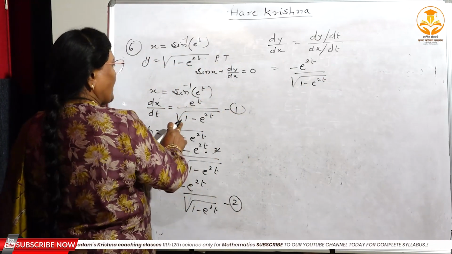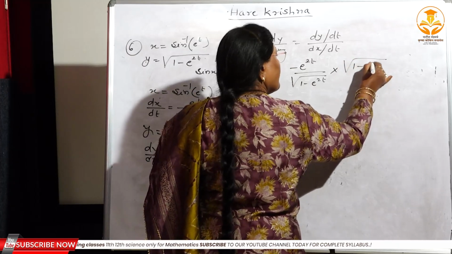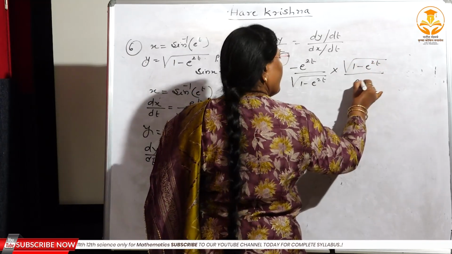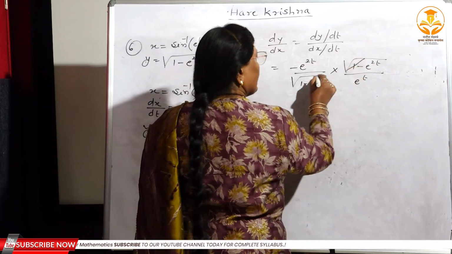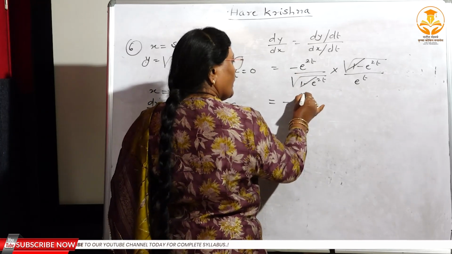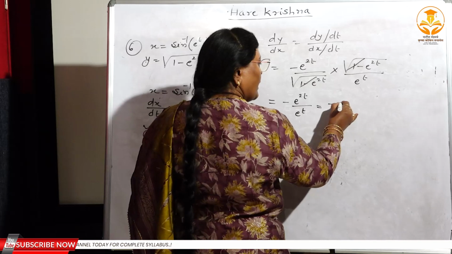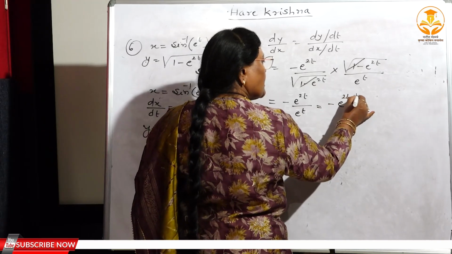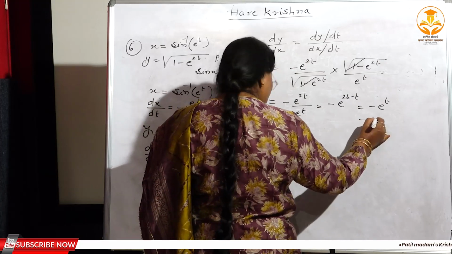Again, what is dx by dt? This comes in the numerator: root of 1 minus e raised to 2t divided by e raised to t. Isn't it? Now again, if you observe, this gets cancelled. Minus sign remains as it is. e raised to 2t divided by e raised to t. If you take it in the numerator, then e raised to 2t minus t means here you have minus e to the power t. This is your result.